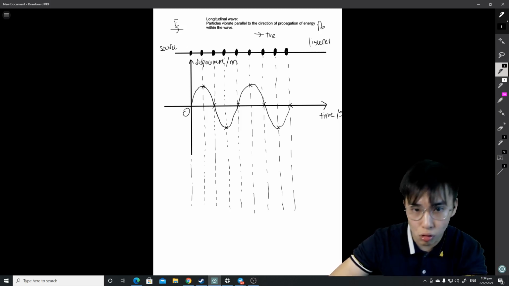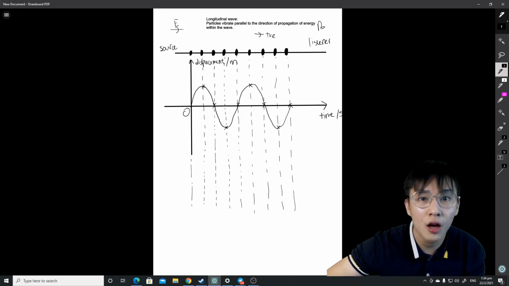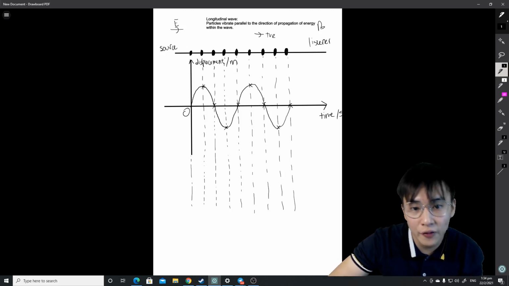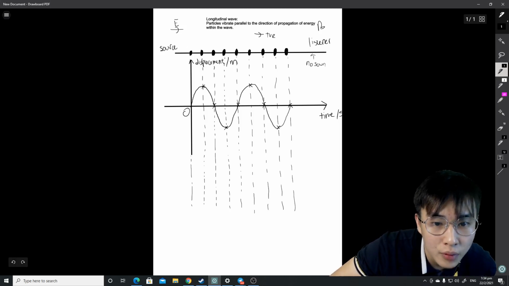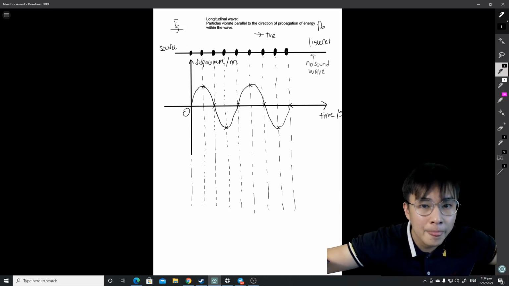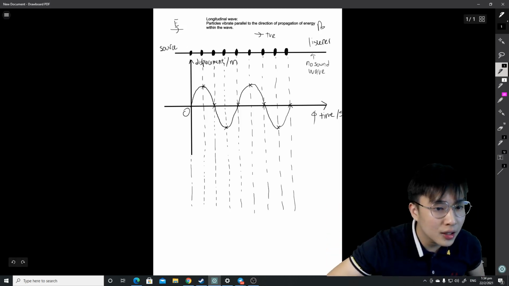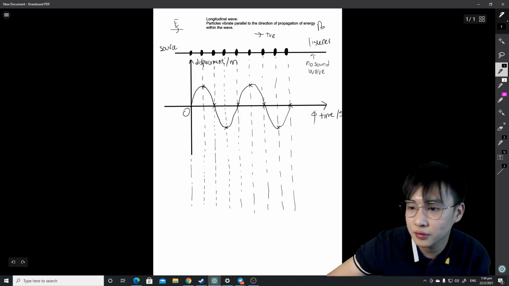Now, I want you to draw what is the position of these particles when there is a sound wave. Remember, the first line that I drew here is when there was no sound wave yet. That's why they're all equally spread out. Now there is a sound wave, and the sound wave causes the particles to have this displacement distance graph.